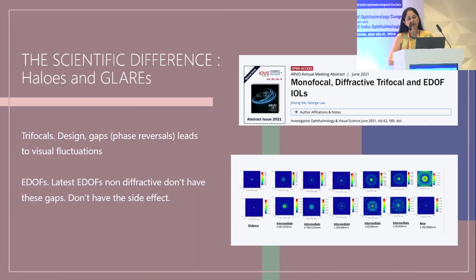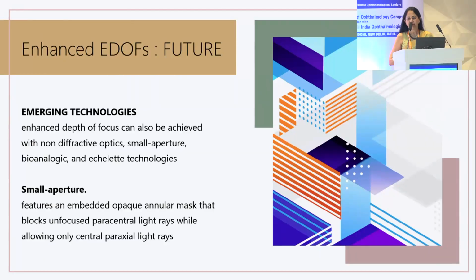The latest non-diffractive EDOFs don't have these gaps, so these side effects are very minimal in these patients. So which are the emerging technologies? You have the small aperture technology in the EDOFs. In this, there is an embedded opaque annular mask, a little away from the center, which blocks the unfocused paracentral rays.